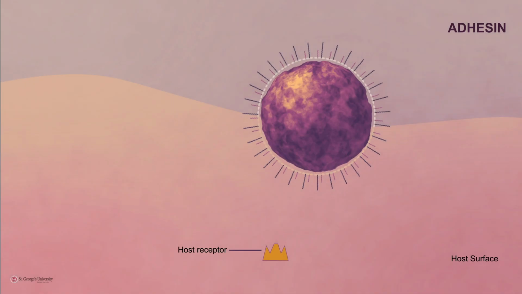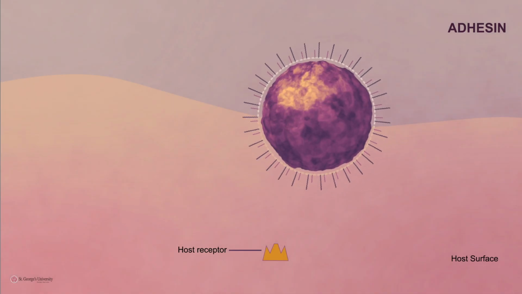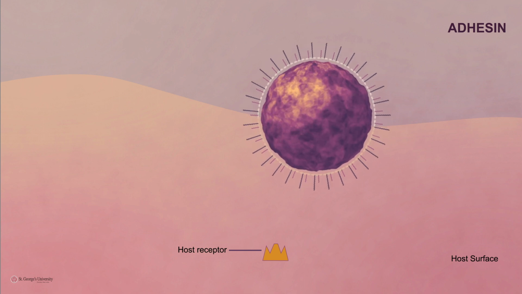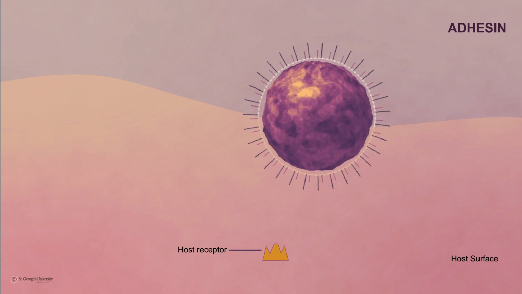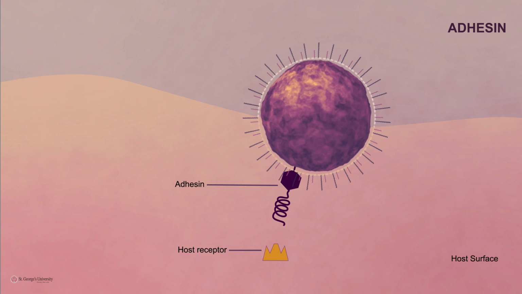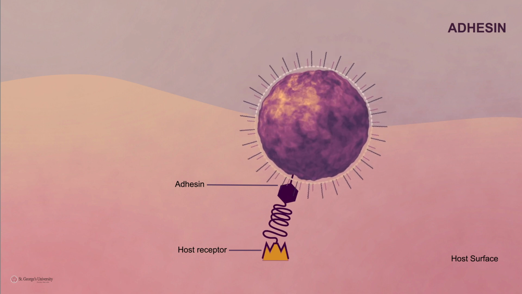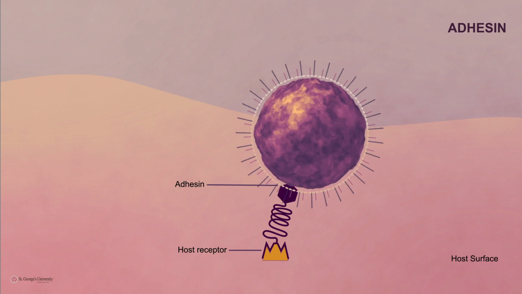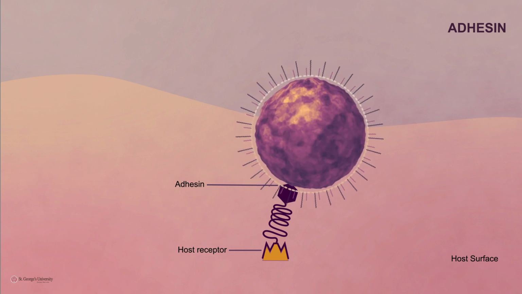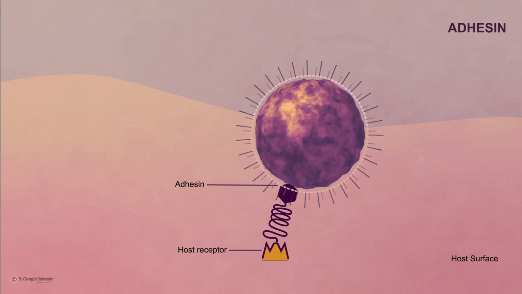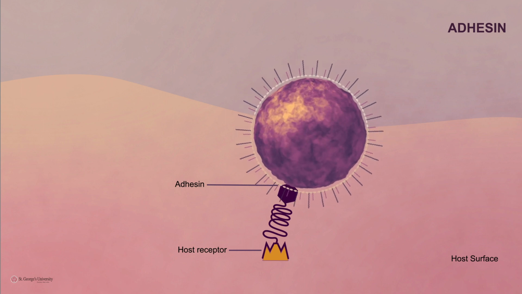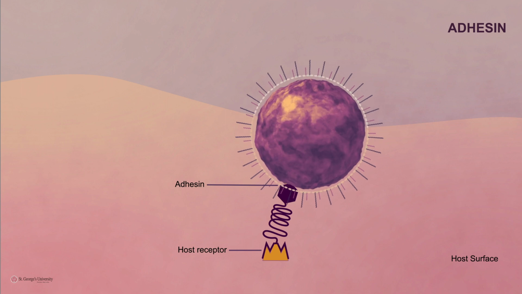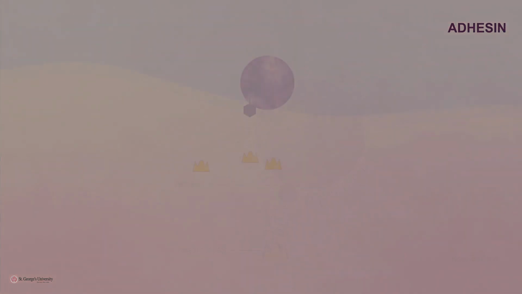In the case of Staph epidermidis, which is a commensal on our skin, it's able to bind to healthy skin tissue. Compared to Staph aureus, which has a fibronectin binding adhesin that can only bind to receptors present on diseased or inflamed skin. Whenever the bacteria is able to adhere, that serves as a trigger for the bacteria to start its replication.